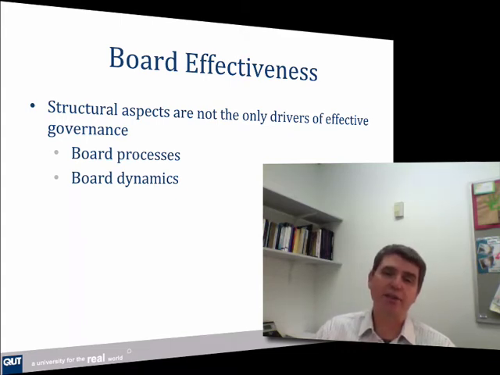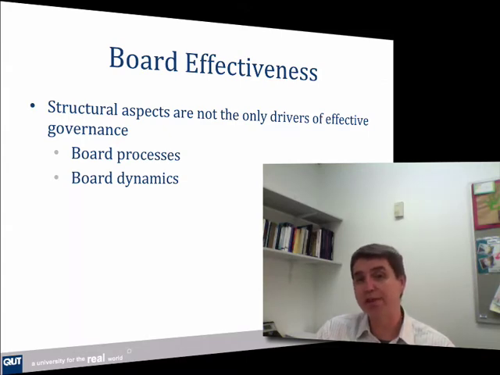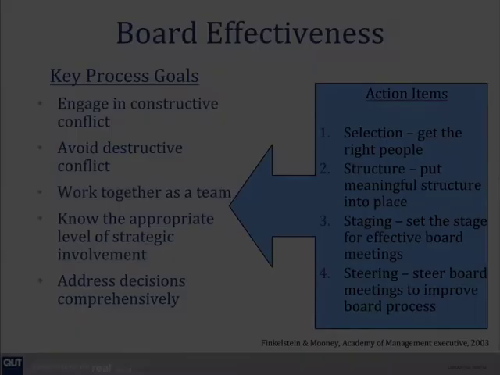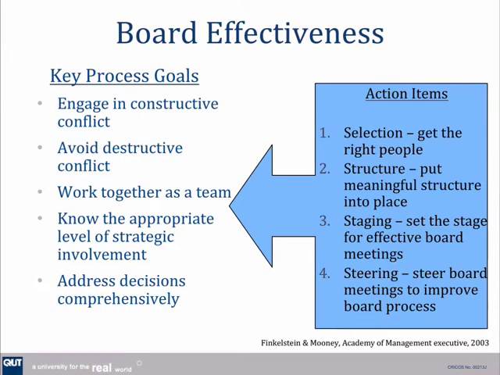We're going to look at the specific processes and policies that are in place next, but before we do that, we just need to have a little think about board dynamics itself. The starting point is to think about what you want to have happen in governance. And these points come from an article by Finkelstein and Mooney, which is one of the first articles ever to start addressing this kind of dynamics issue.